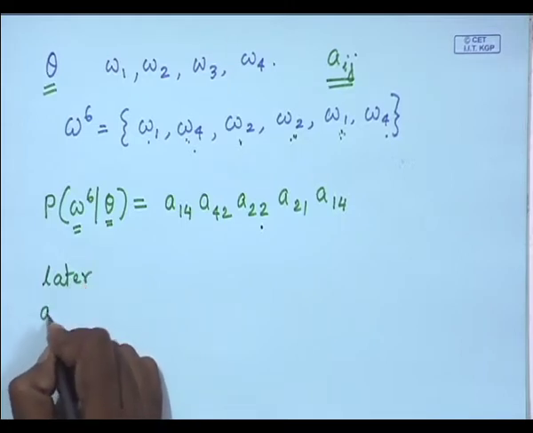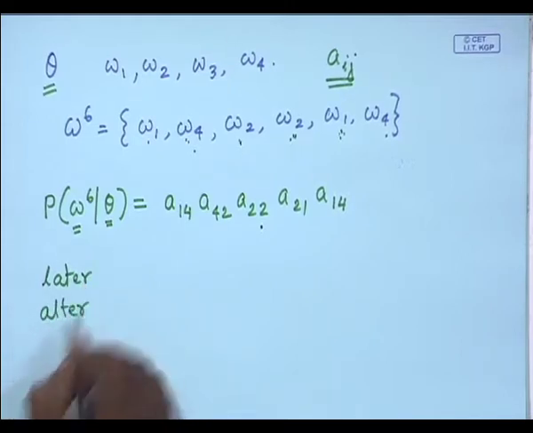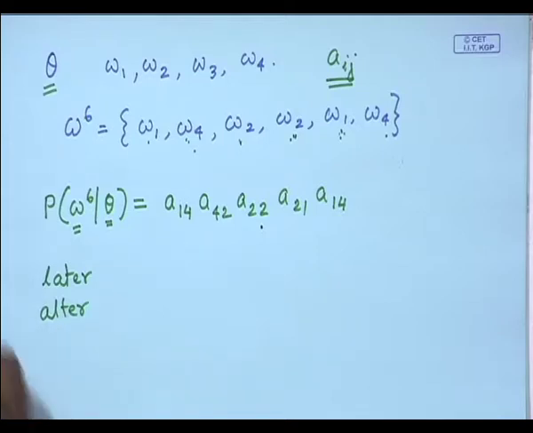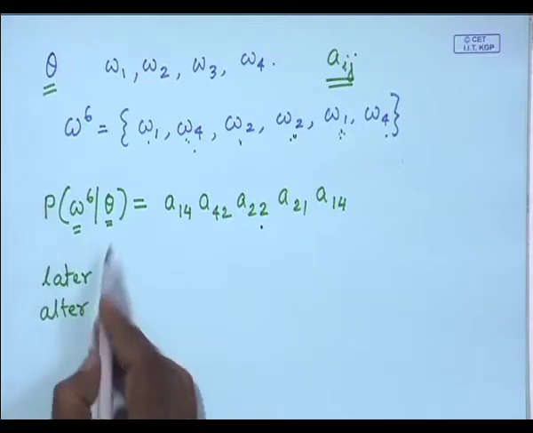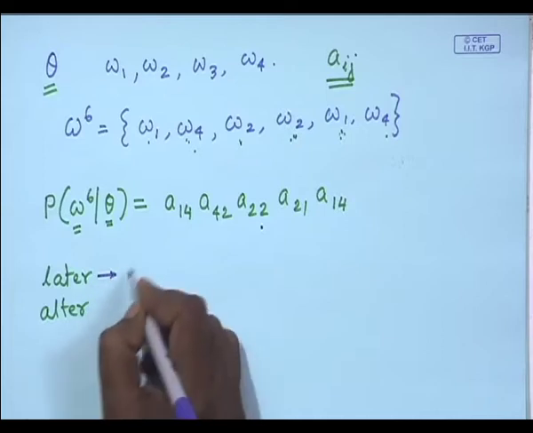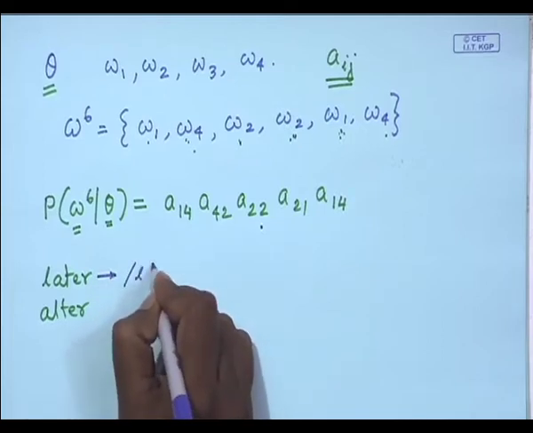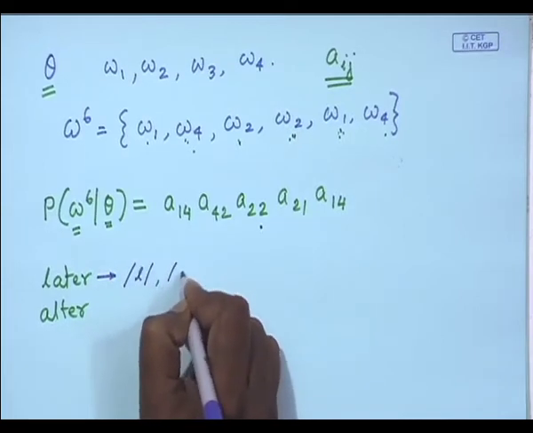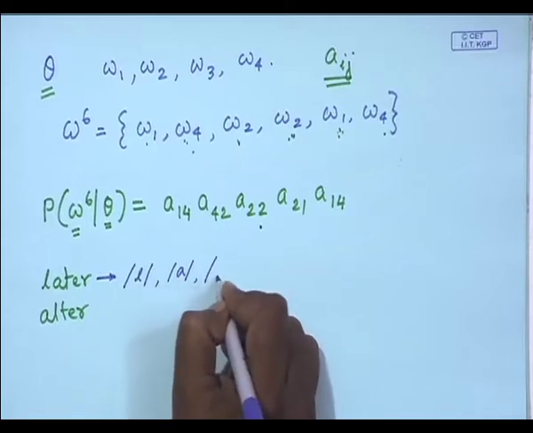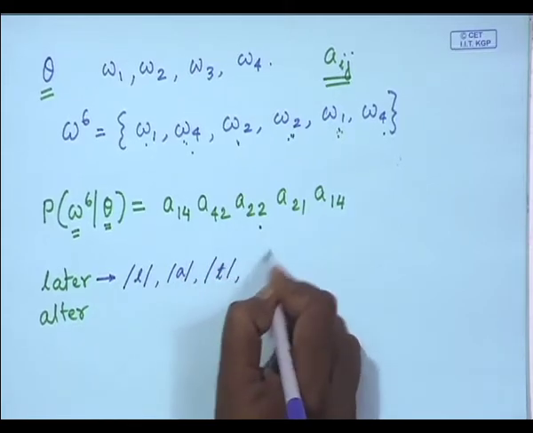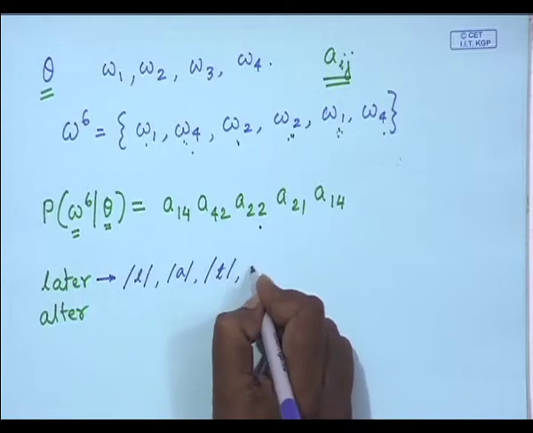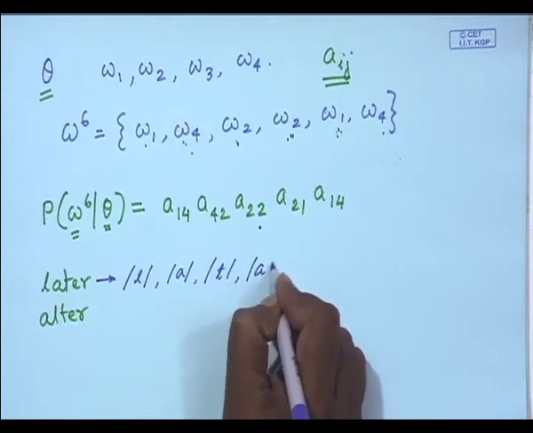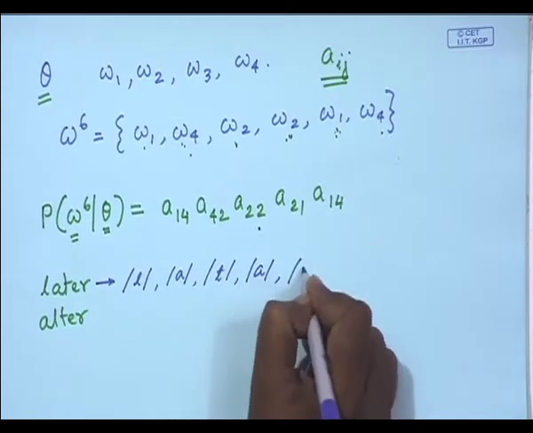If I break them into phonemes, letter consists of a sequence of phonemes: la, ta, a, and ra.